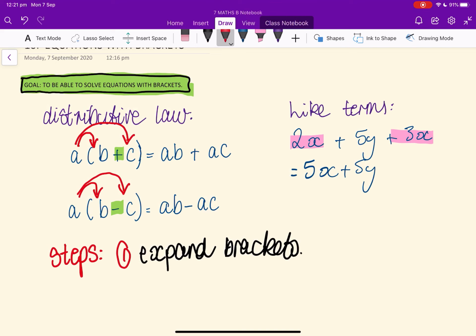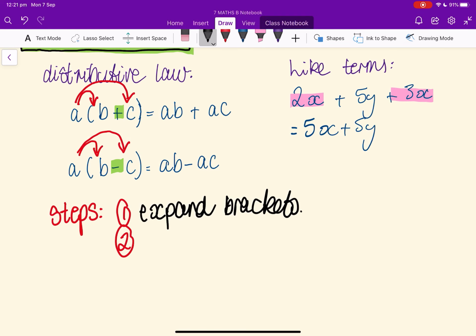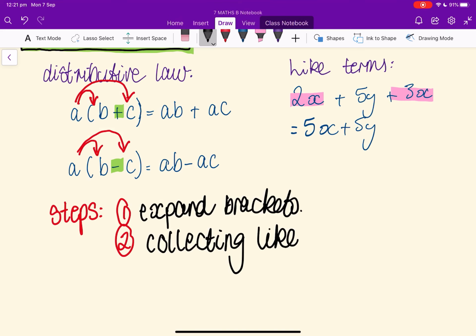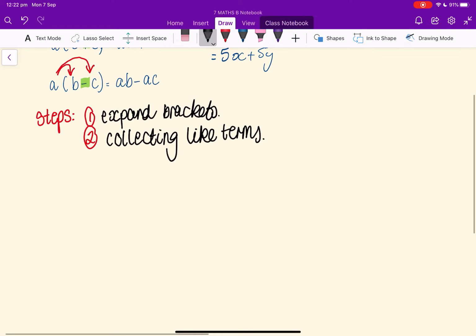And then secondly, you're going to simplify. And the way you do that is by collecting like terms. Okay, and that will give you your answer. Let's do some examples together.